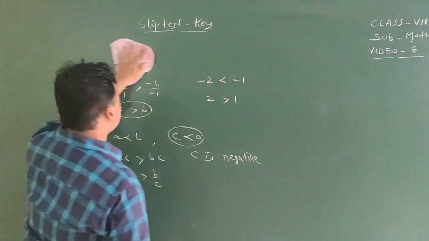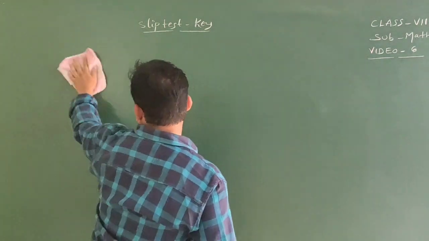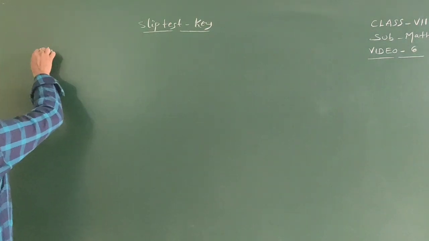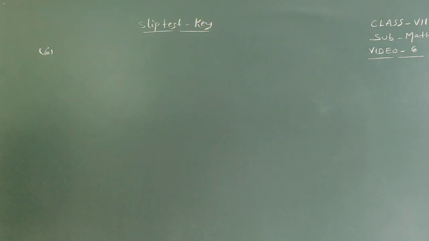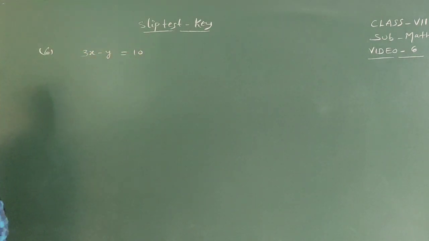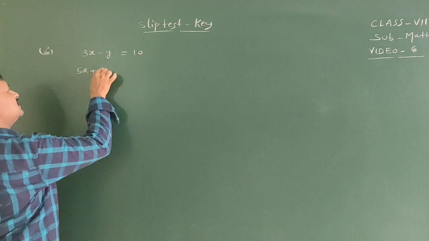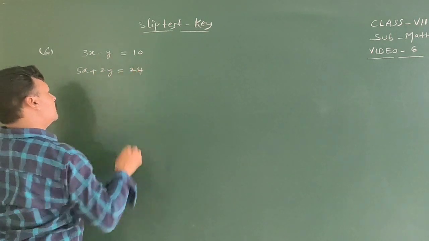Next, sixth one. 3x minus y equal to 10, 5x plus 2y equal to 24.